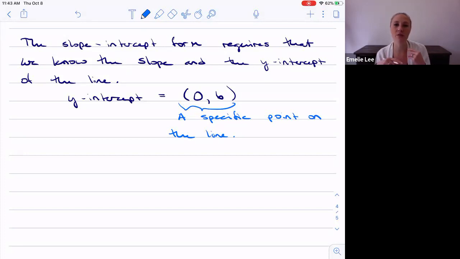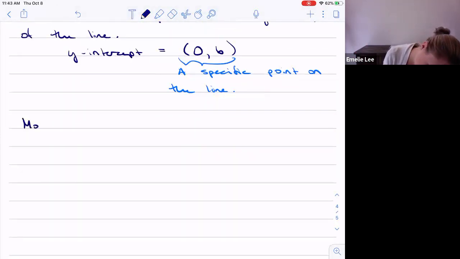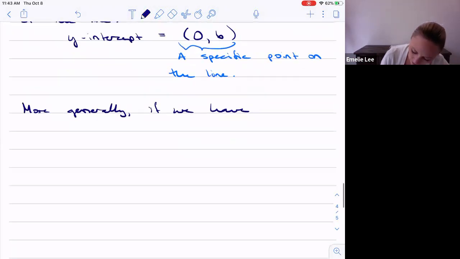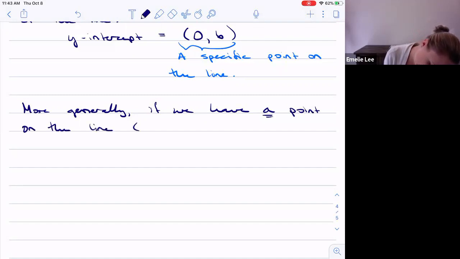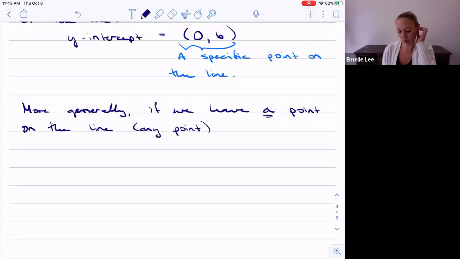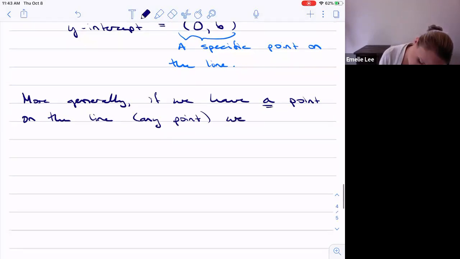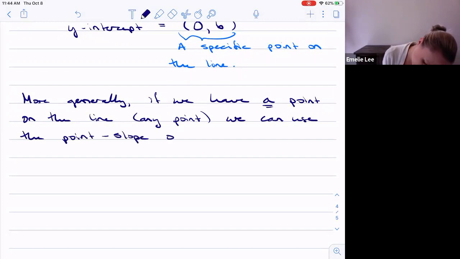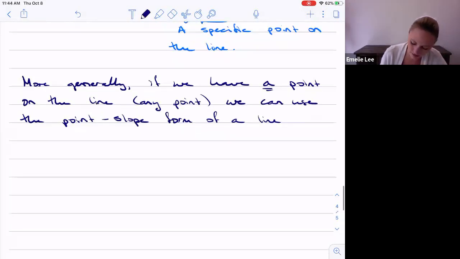More generally, if we have a point on the line, not just the specific point, but any point, we can use the point-slope form of the line to generate the equation.